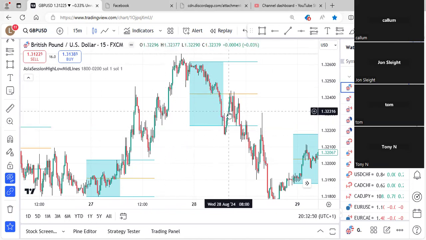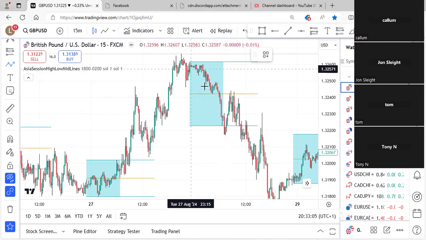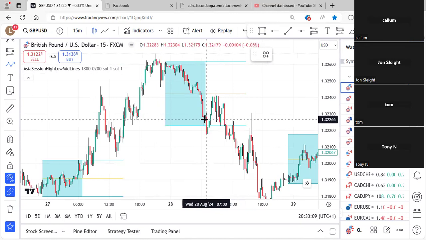So once it creates these bearish conditions in the Asia range, we have a couple of options that I would be looking for to take trades from. I'll just draw on a couple of options and then we'll get into the deeper stuff.